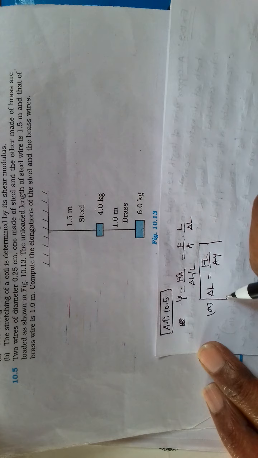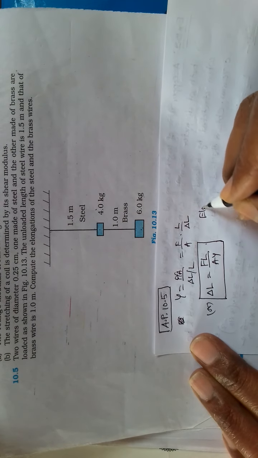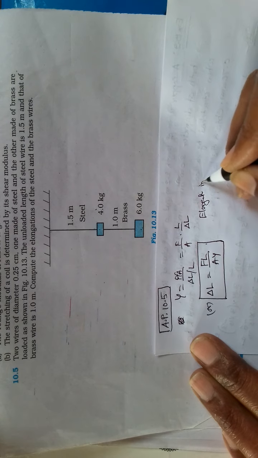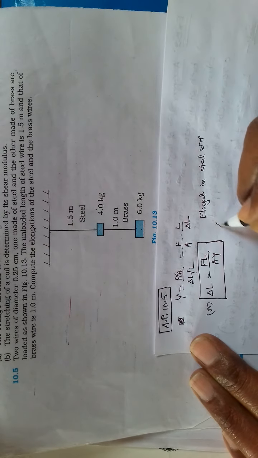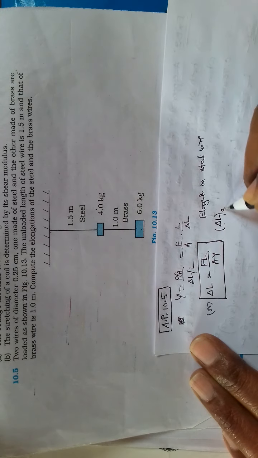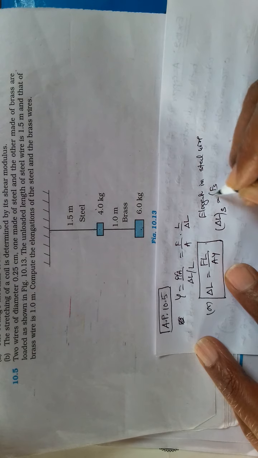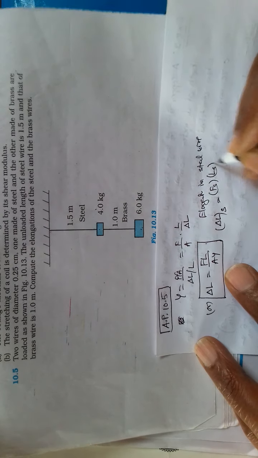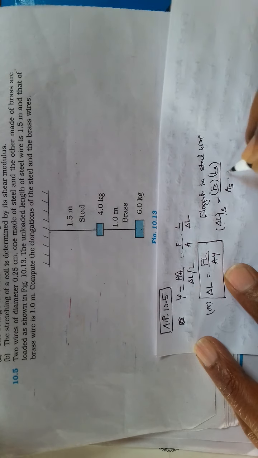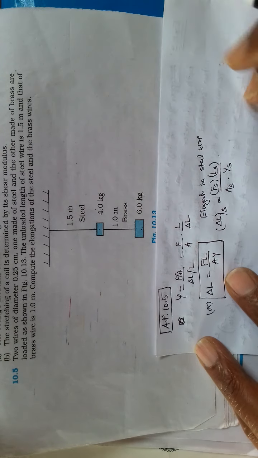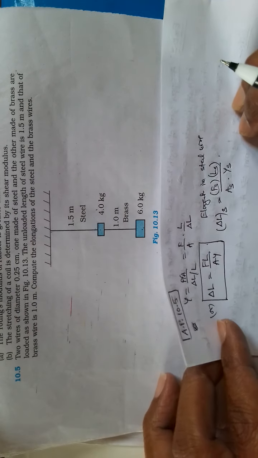Formula for elongation is ready. Now elongation in steel wire is equal to Fs Ls by As into Ys. Writing the values here.